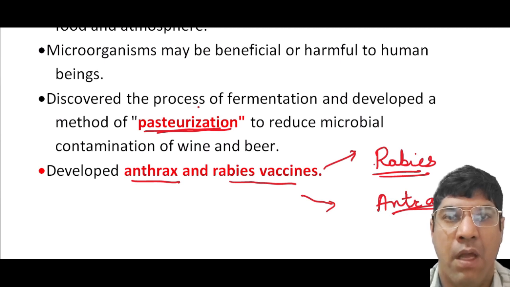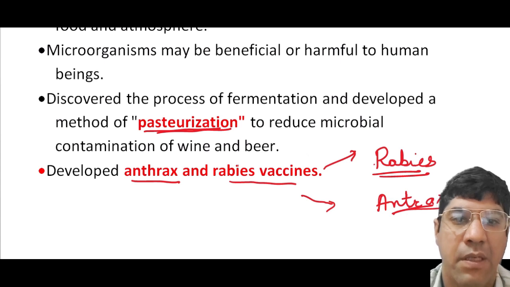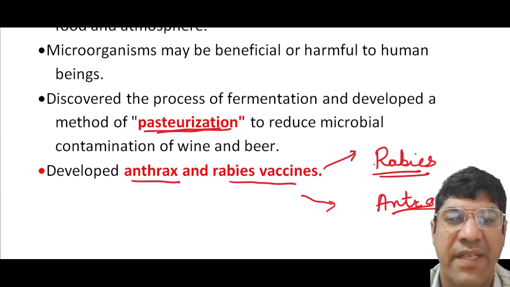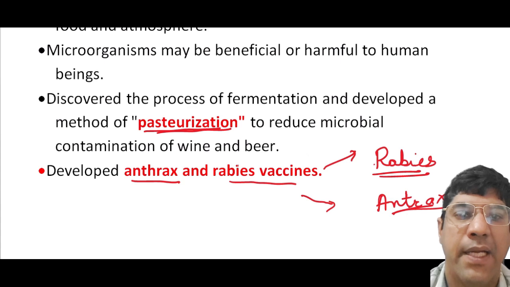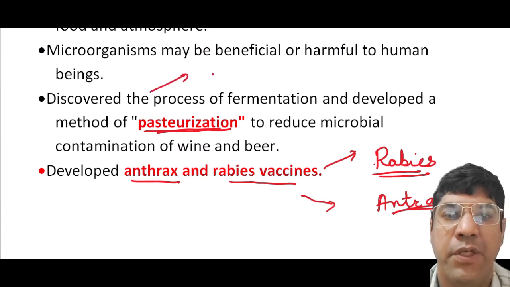So, his work on the anthrax and rabies vaccine paved the way for modern vaccine development. Apart from that, he also made a significant contribution to the process of fermentation.